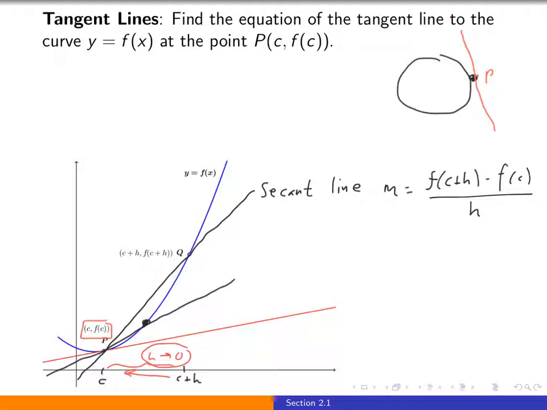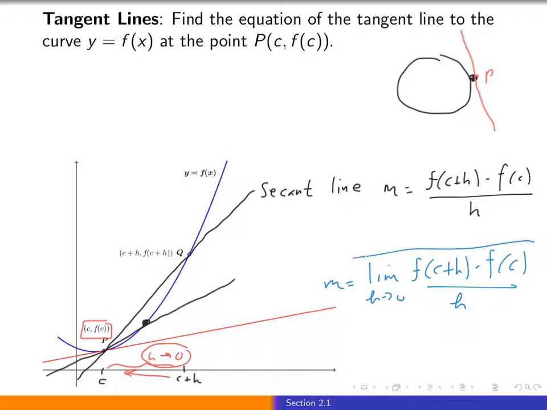So the key observation to make here is that the slope of the tangent line, the thing that we are looking for, let's call it m, is going to be the limit as h approaches 0 of that quantity f of c plus h minus f of c over h. This is the slope of the tangent line.